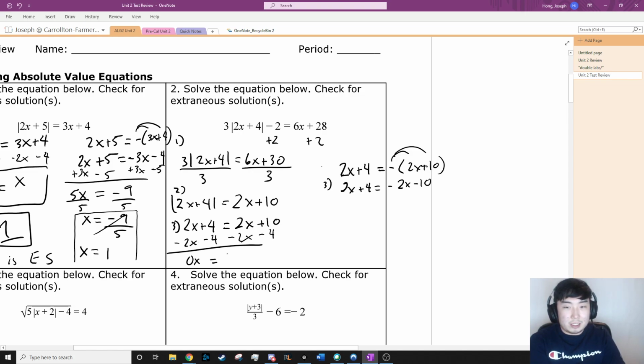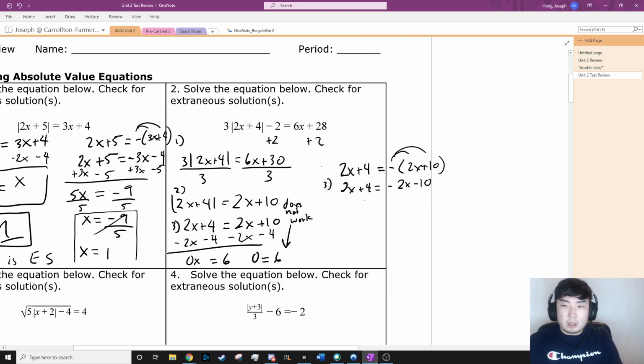So 0x is equal to 6. Is 0 equal to 6? Isn't anything times 0 supposed to be 0? So this statement doesn't make sense. I would write here, does not work.